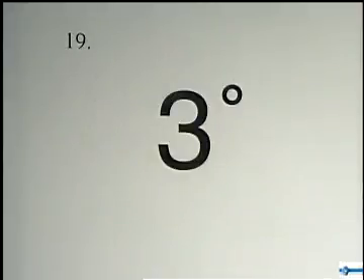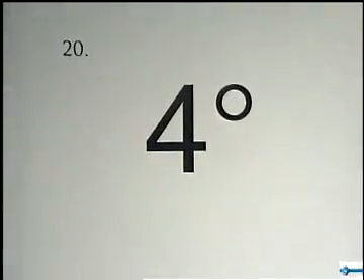Write the letter of your response next to number 19. And finally, number 20. Hopefully you only have one answer left, and it is the answer for this one, which you are going to write next to number 20.